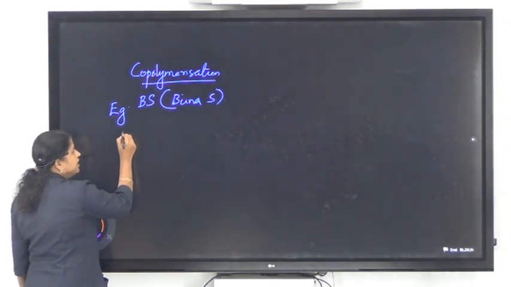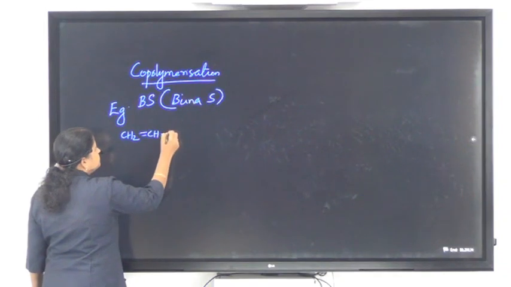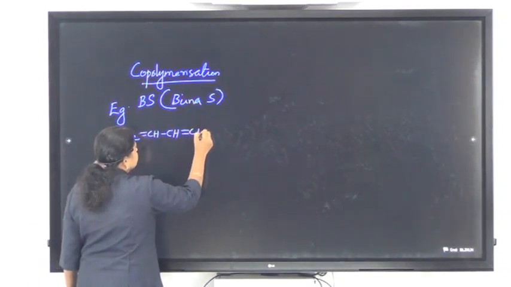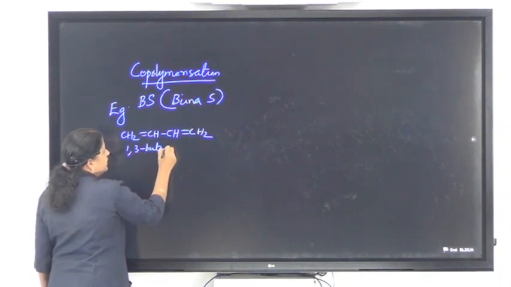The monomers are 1,3-butadiene and styrene.